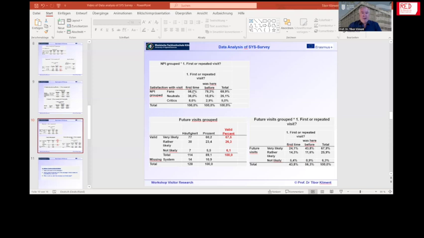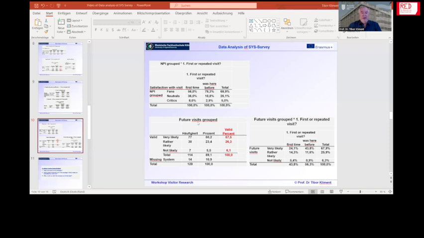So this is not so much the case with the new visitors, the first-time visitors. However, to have a binding effect on the first-time visitors, the share of fans should be bigger in this group. Satisfaction should be higher.